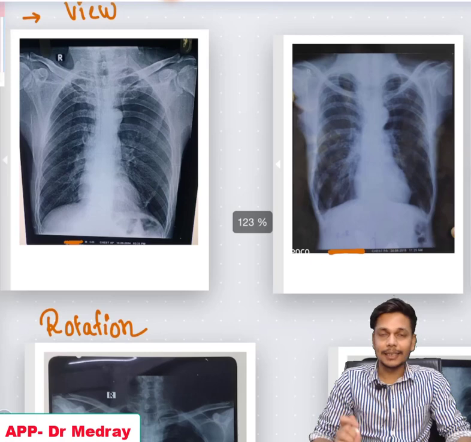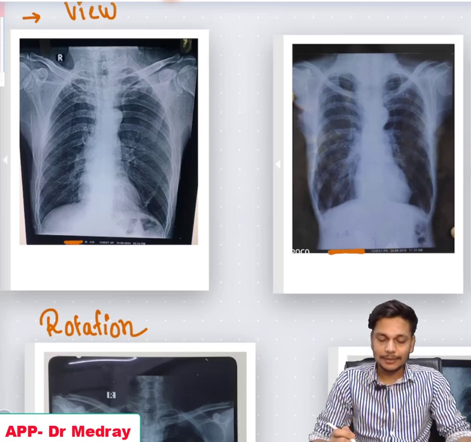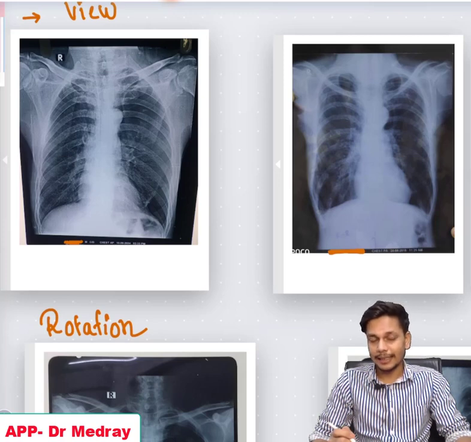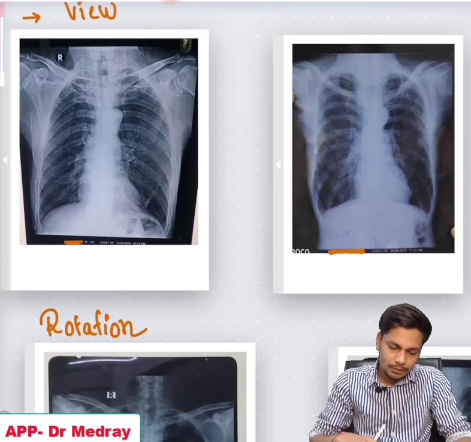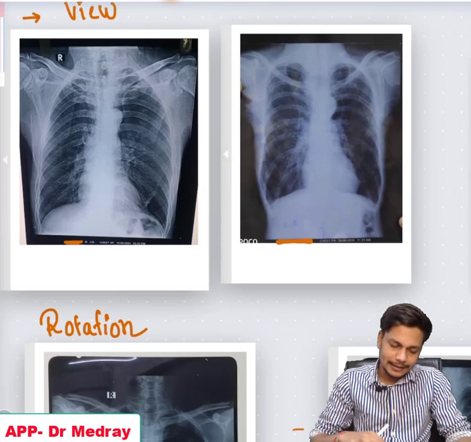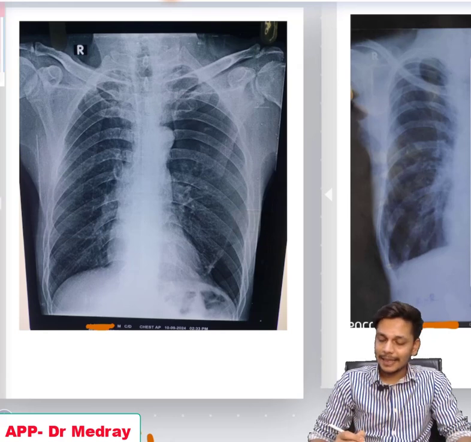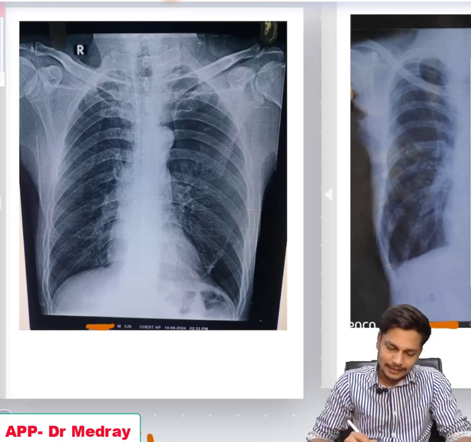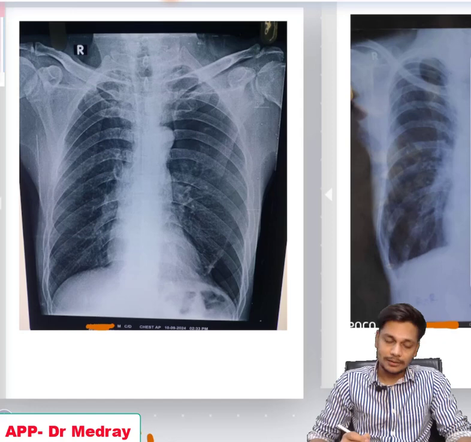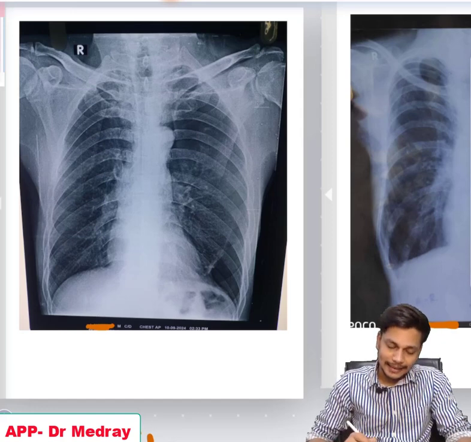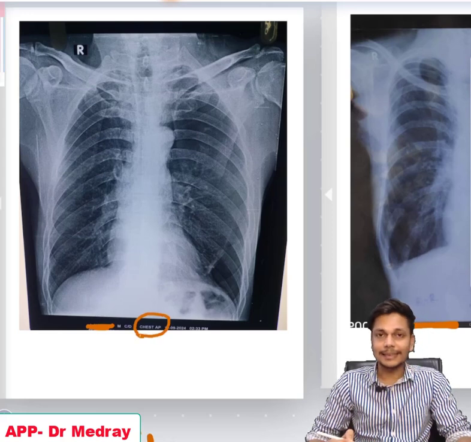So I have put two X-rays here, one anteroposterior and the other posterior-anterior, that is the AP view and the PA view. In this first image, this is the AP view of the chest. The first hint is that it is written chest AP view.